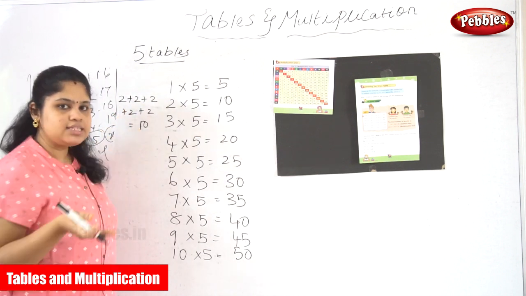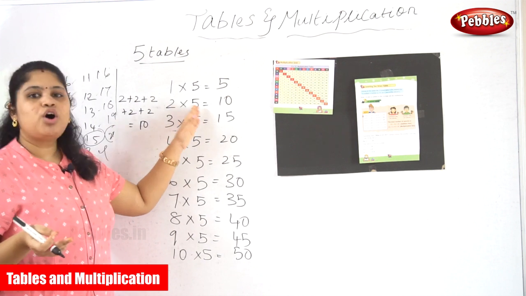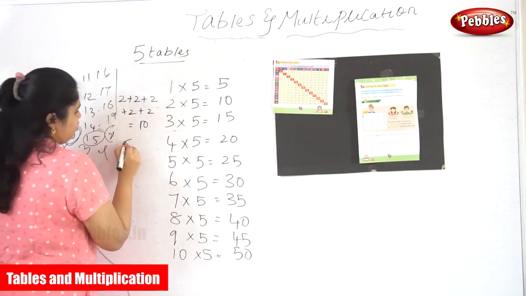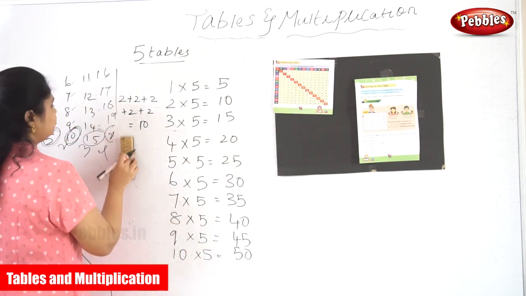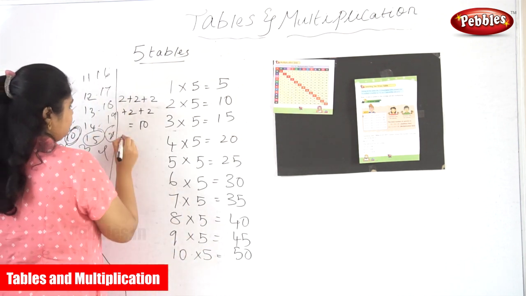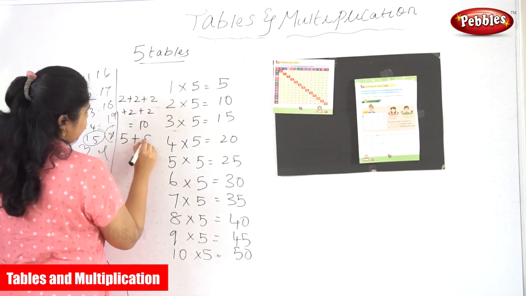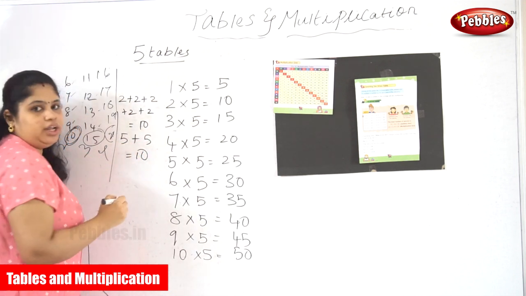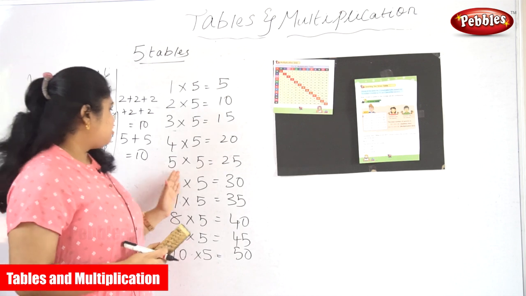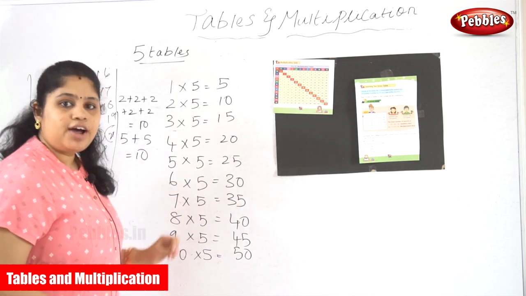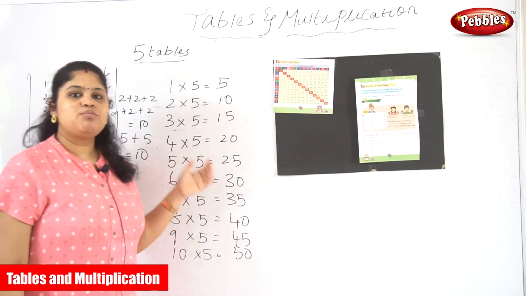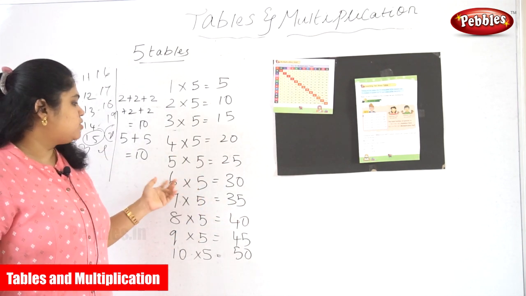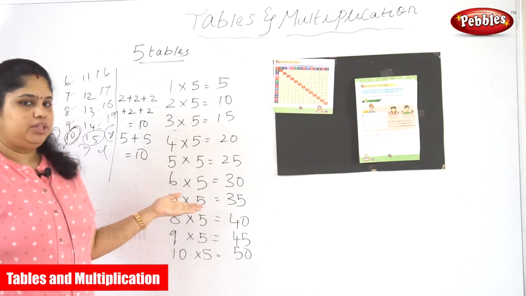Or else, if the 5 comes 2 times, 5 plus 5 is equal to 10. So we can say 5 into 5 means the 5 comes 5 times, or 6 into 5 means 6 comes 5 times, or 5 comes 6 times, and the answer will be 30.